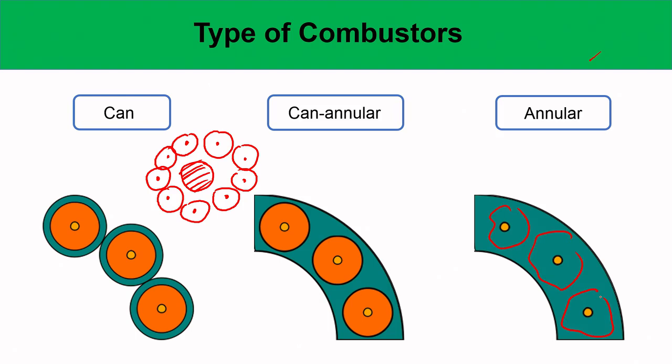There is nothing that physically separates the flames from each other, and the flame and flow can interact. Most modern engines use this type of combustor, whereas the can type is the most primitive, used in the first engines, set by Frank Whittle, etc. But modern engines like the Rolls-Royce engines and GE engines all use this annular type combustor.